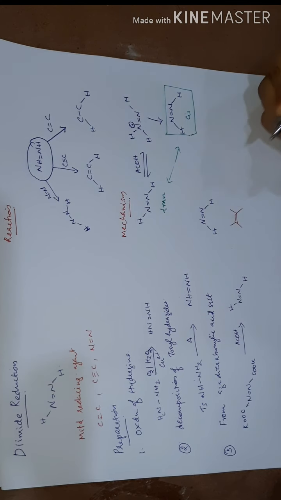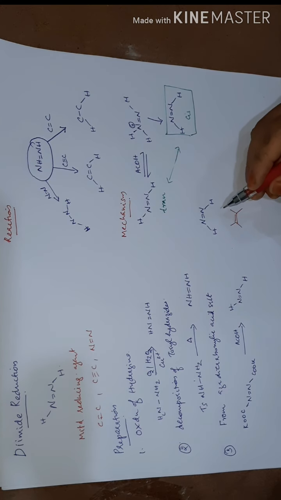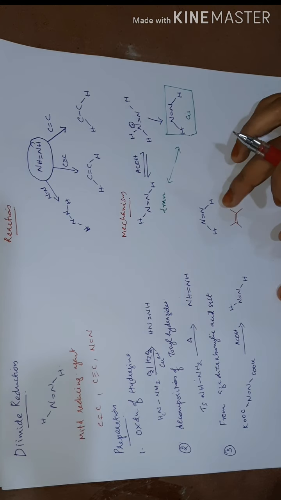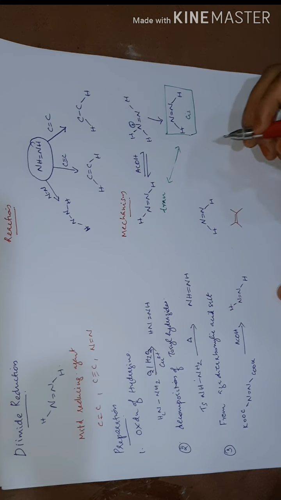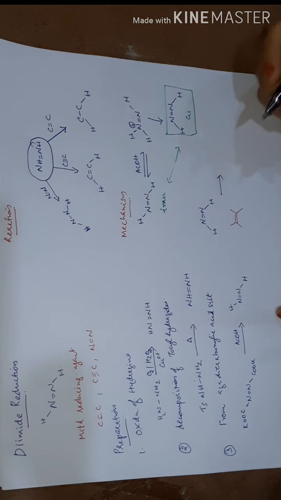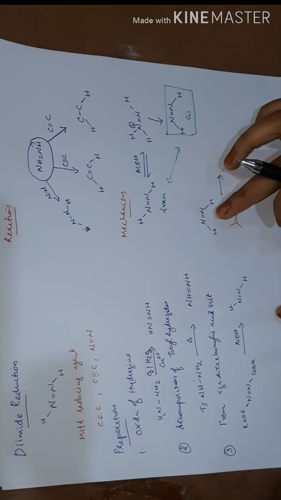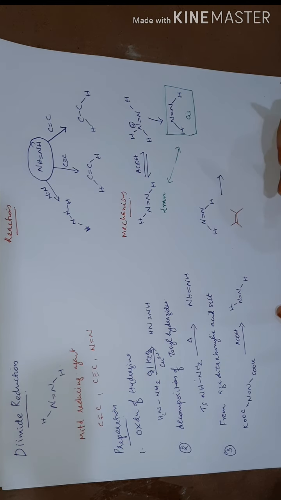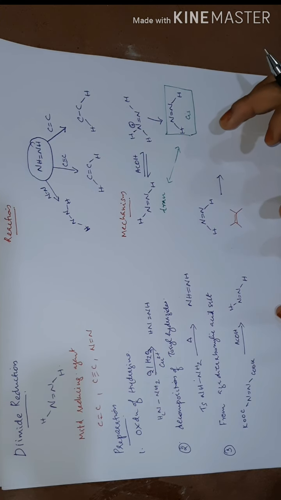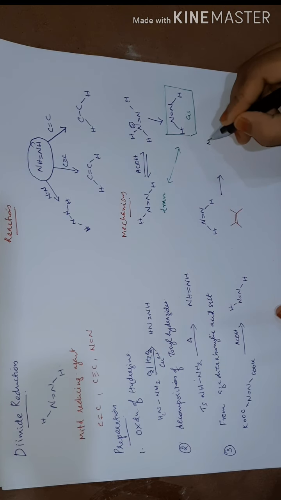Suppose this is our alkene, and in presence of this cis form of diimide, this alkene also combines with this diimide, producing a cyclic six-membered transition state. The double bond electrons are involved in this mechanism, and it results in the formation of a six-membered cyclic transition state, which can be represented like this.